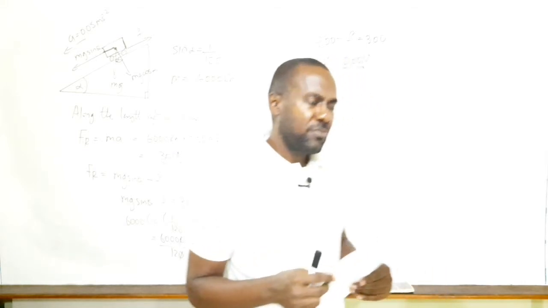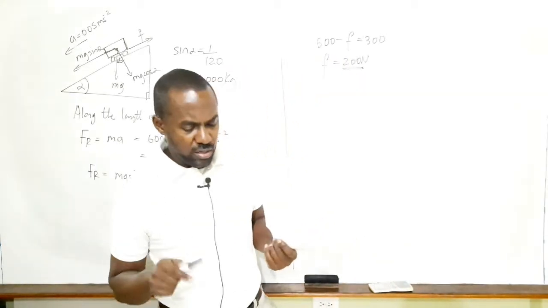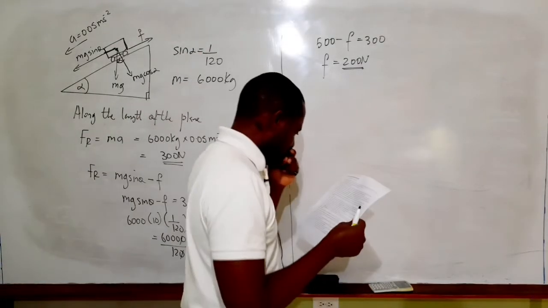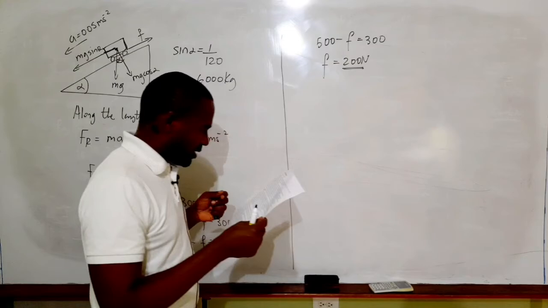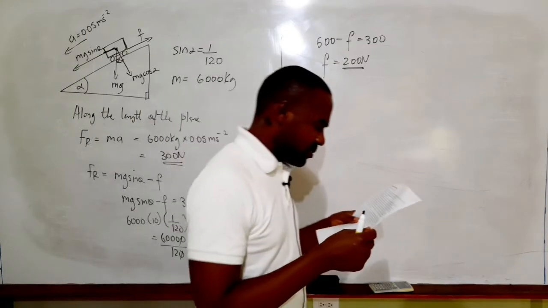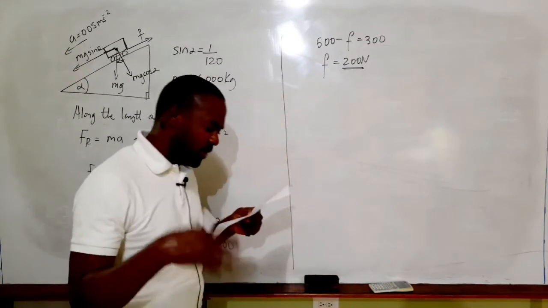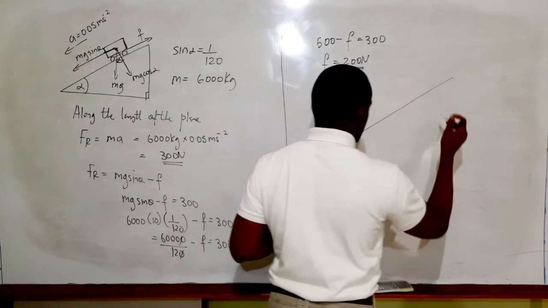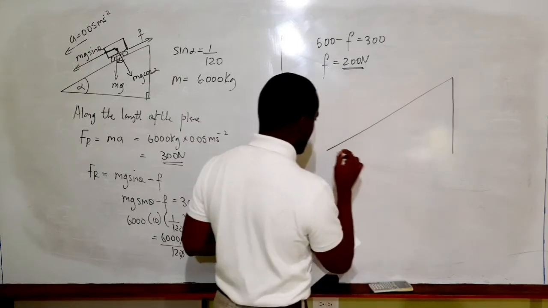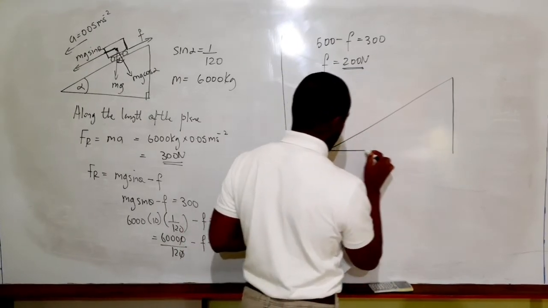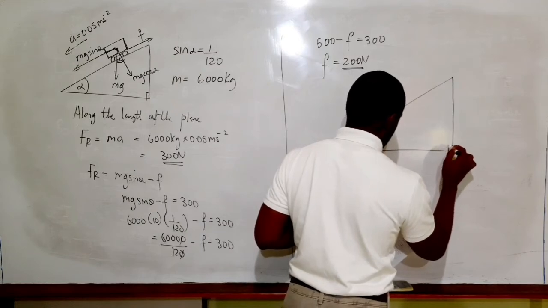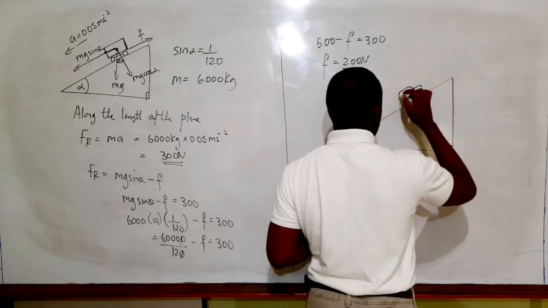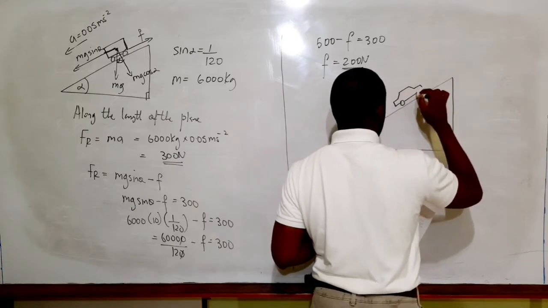So again, the first thing we do is to represent the situation on a diagram. So what we have here is a car which is towing a caravan up a road which rises up an incline, right? So let's represent that on the diagram. We're going to let this be our incline, and the car is towing a caravan.